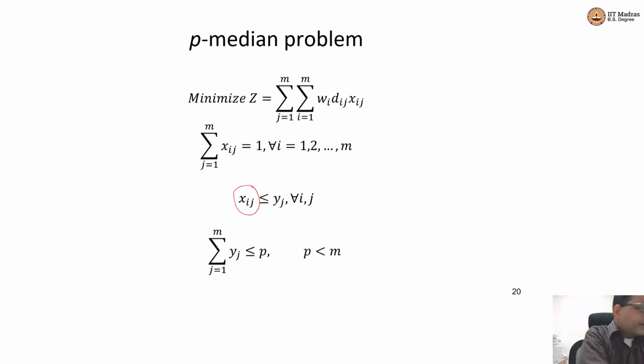Here xij essentially meant that the optimization problem gets to choose which node is assigned to which facility, because there is no aij here. The optimization problem says to assign the nodes to the facilities in such a way that the total weighted distance gets minimized. That was the objective. And we saw this constraint.